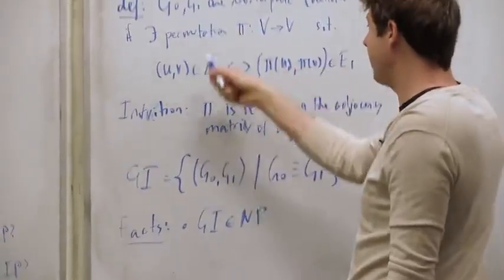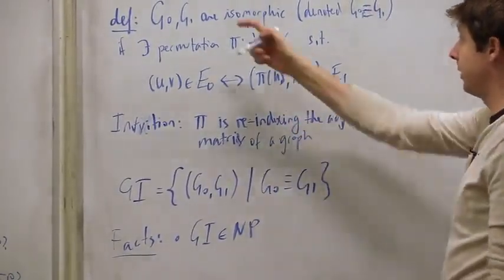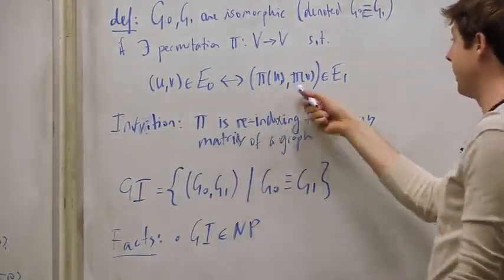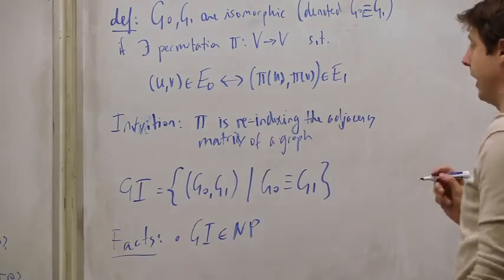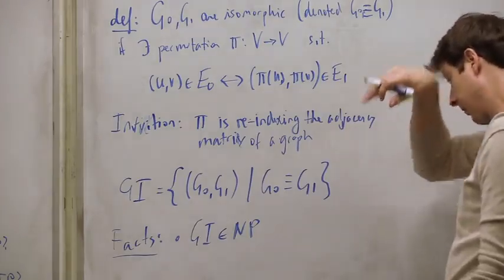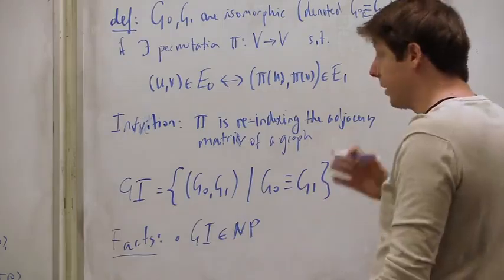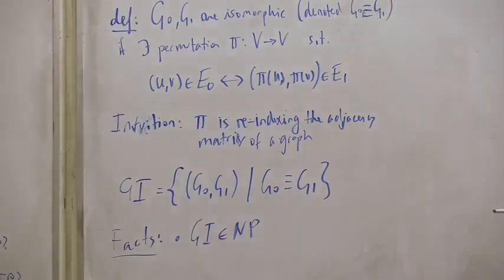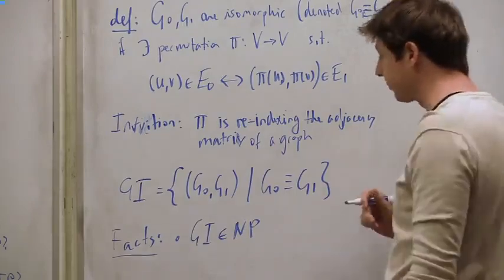One way you can convince me that they are isomorphic is you just give me the permutation that connects them, and I can go ahead and check this condition for every edge. For every edge in one graph, I apply the permutation and see, is this edge also an edge in the other graph? If I do it vice versa, and this is an efficient computation, then I have certainly determined whether the graphs are isomorphic. So this is in NP.